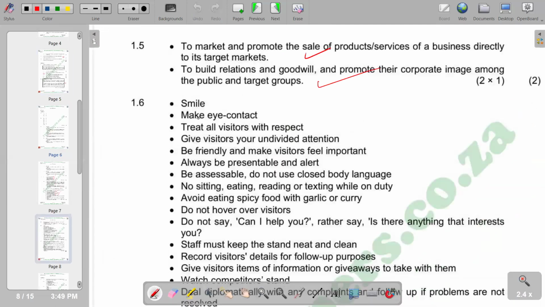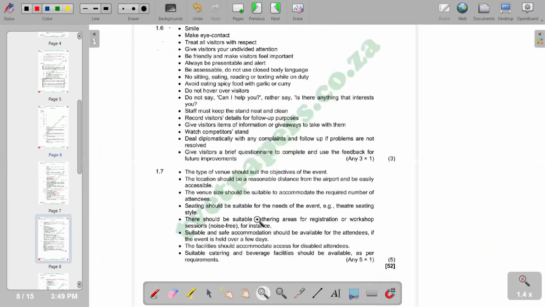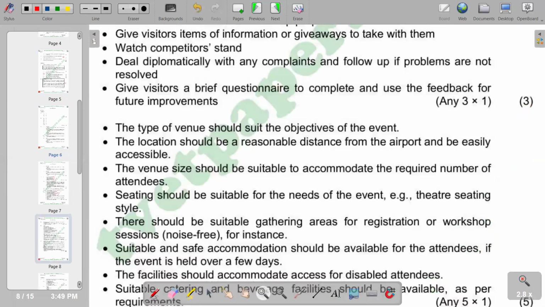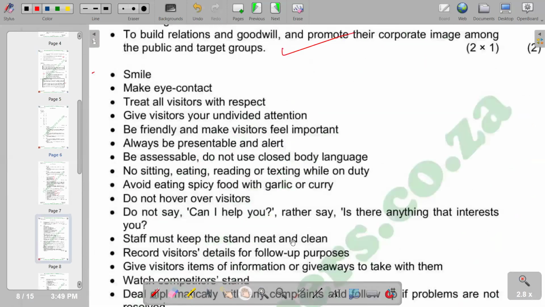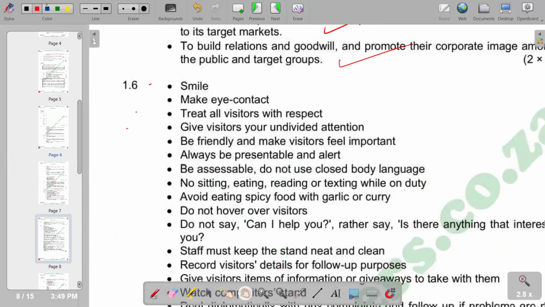So we've got various guidelines that are mentioned. The first one is SMILE, a basic guideline.